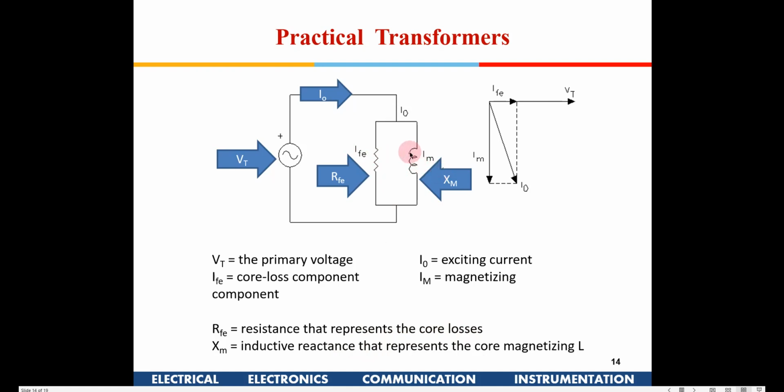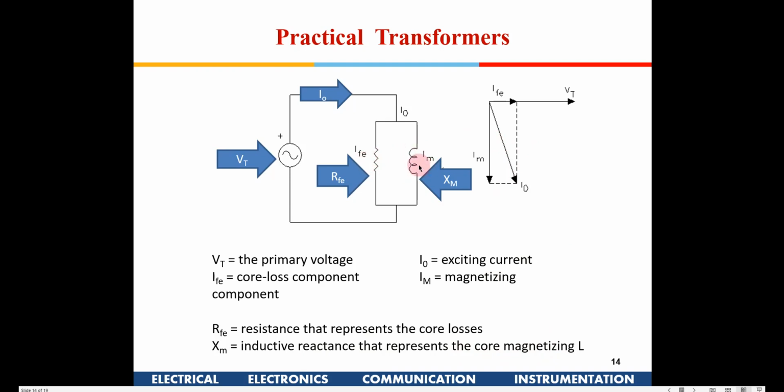And also we are modeling it with an inductor, and computing an IM. That is known as the magnetizing current. That current is because of the inductive reactance, because of the core magnetization. So these are two.